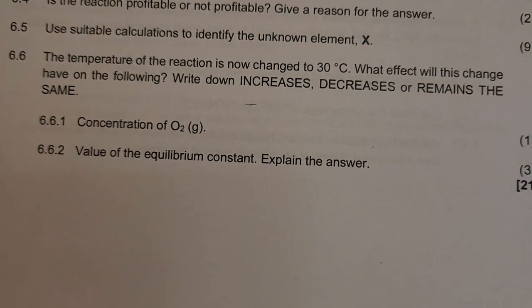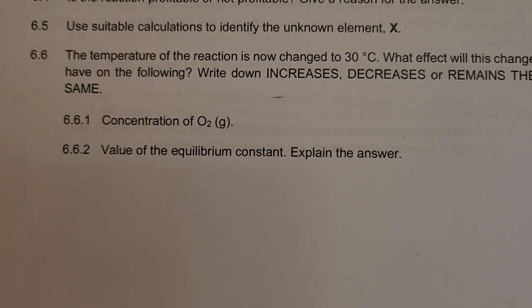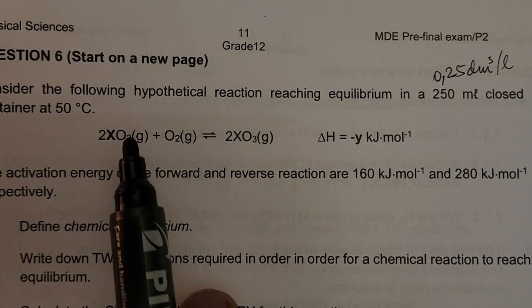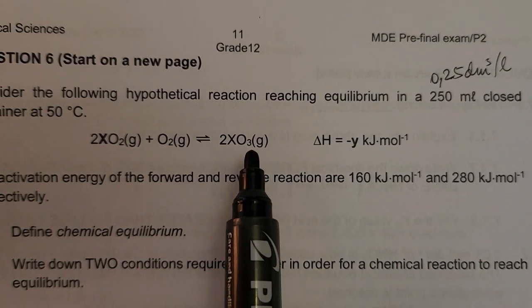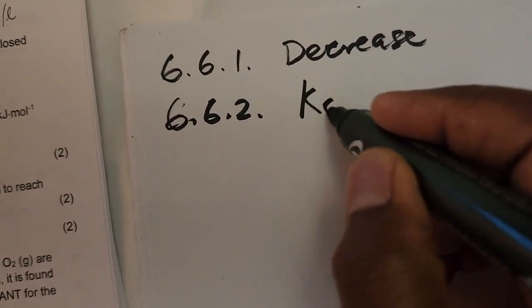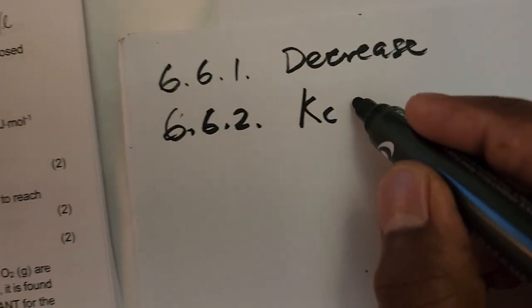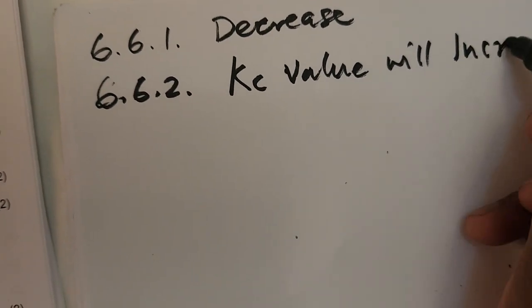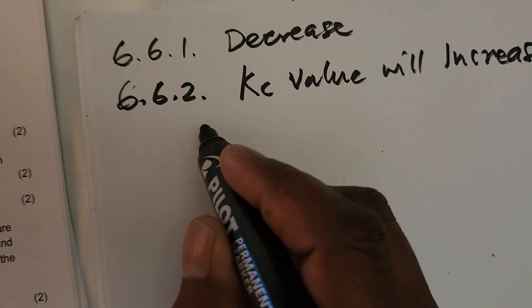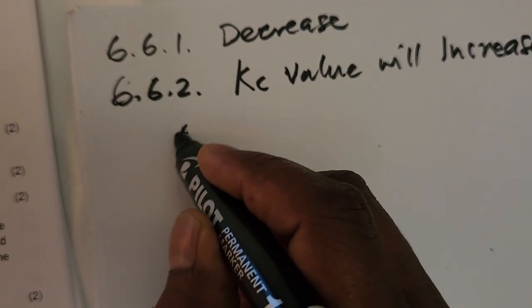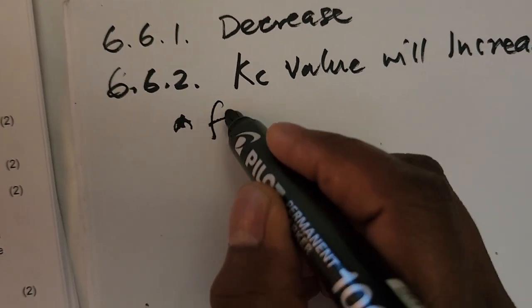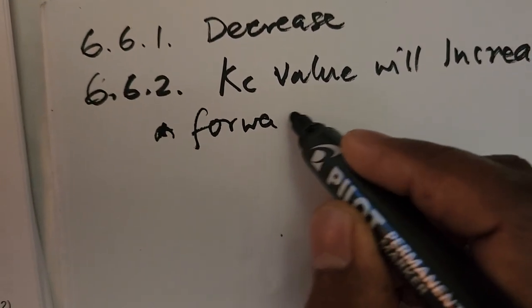The last one, 6.6.2. What will happen to the value of the equilibrium constant? Explain your answer. When we decrease the temperature, we are favoring the forward reaction. The concentration of the products increases, that of the reactants decreases. So the Kc value will increase. Why? The reason is: the forward reaction is favored by decreasing temperature.